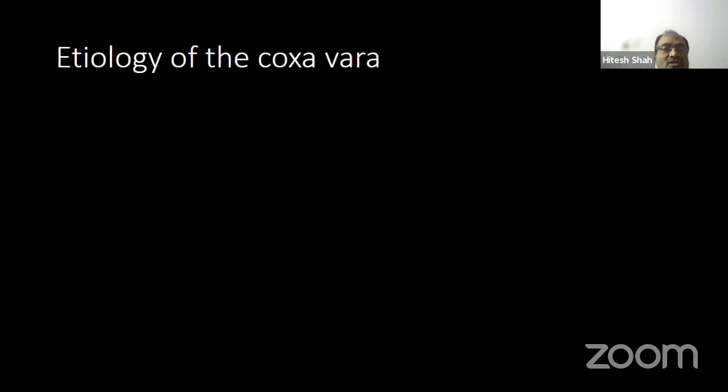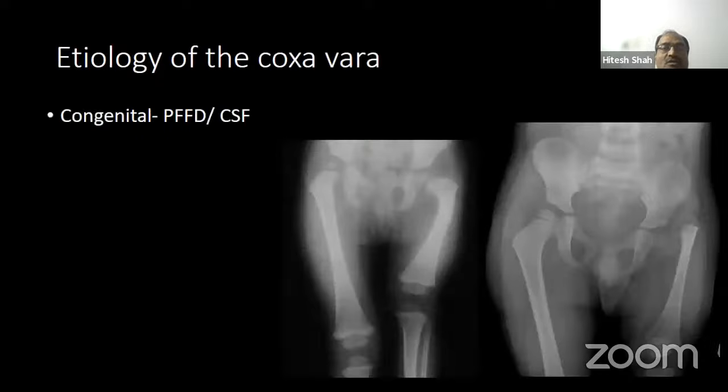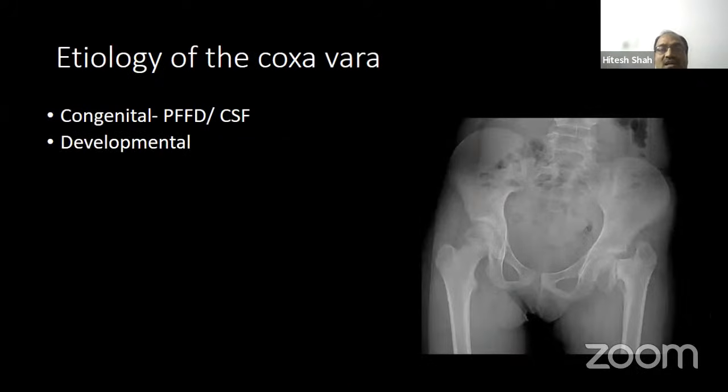So coming to the etiology of the Coxa Vara, what are the common etiological presentations of the Coxa Vara? The commonest at birth, the congenital cause, would be proximal femoral focal deficiency or the congenital short femur, or the new terminology CFD, congenital femoral deficiency, where it is very common to have an associated Coxa Vara.